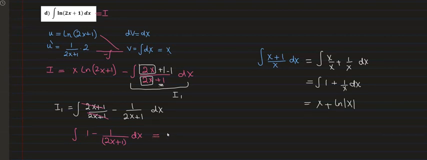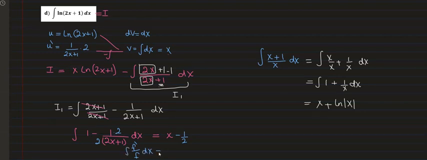The integration of 1 is x, and if we have the function raised to the power of 1 in the denominator, we need its derivative in the numerator, right? We can multiply by 2 and divide by 2 at the same time, and here the half is the extra, and the 2 over 2x plus 1, this is a function, and its derivative is up in the numerator. So we can solve this integral.